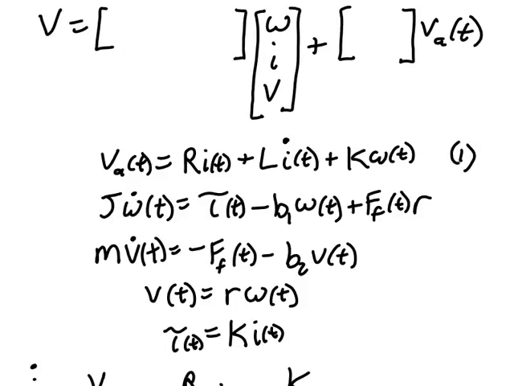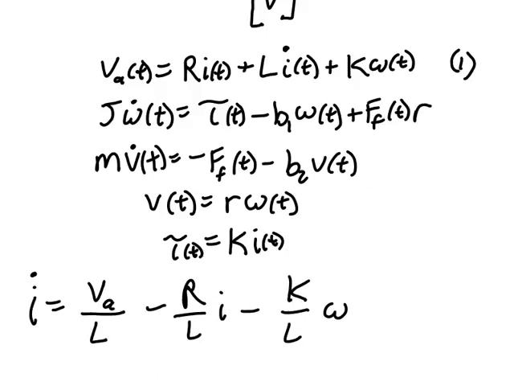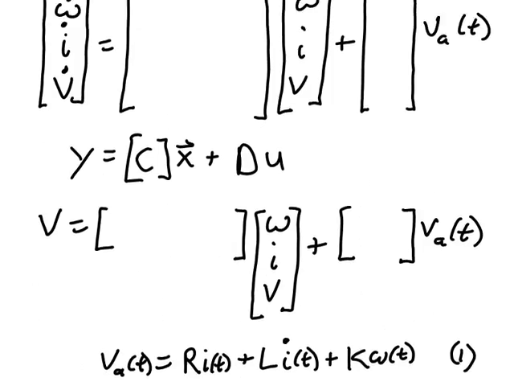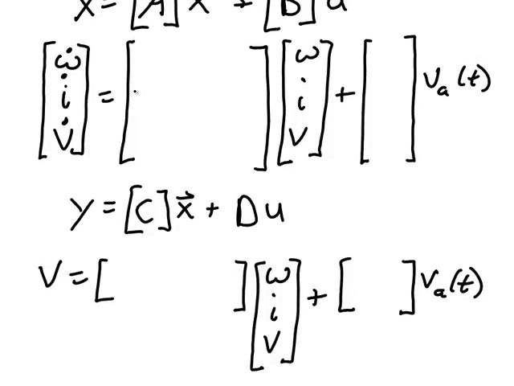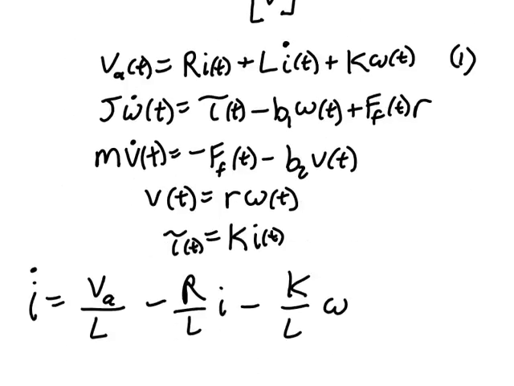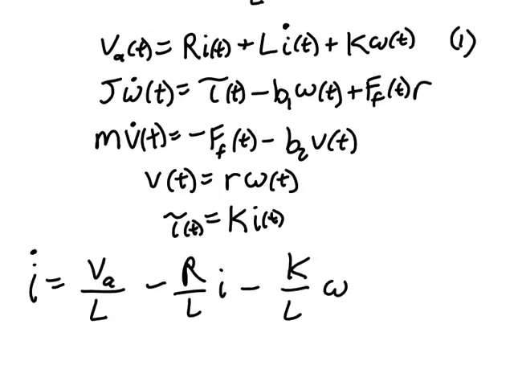That coefficient is negative k over L. So I'm going to put negative k over L right there. And the next thing I need is the coefficient that goes in front of I. And the coefficient in front of I is here, negative r over L.